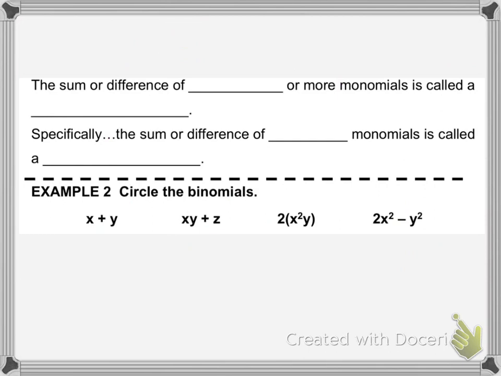So the sum or difference of 2 or more monomials or 2 or more terms, remember sum means we're adding, difference means we're subtracting. So if I string together monomials with pluses and minuses, now it's not just one term, now we have more than one term. So we call it a polynomial. And I know that you guys know a little bit about prefixes.